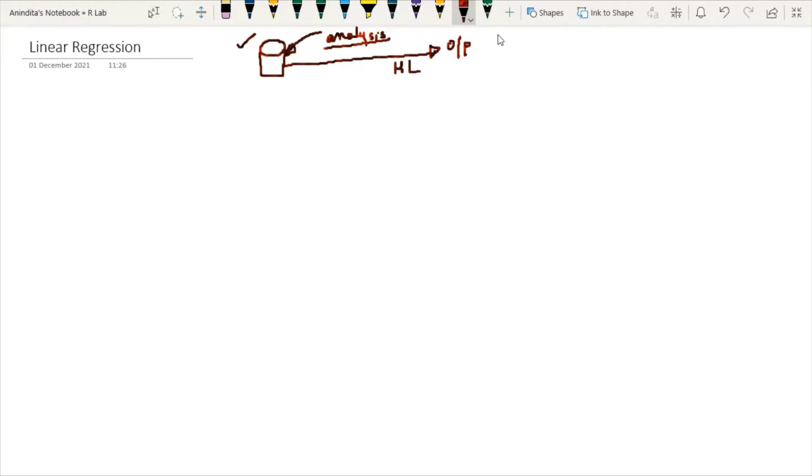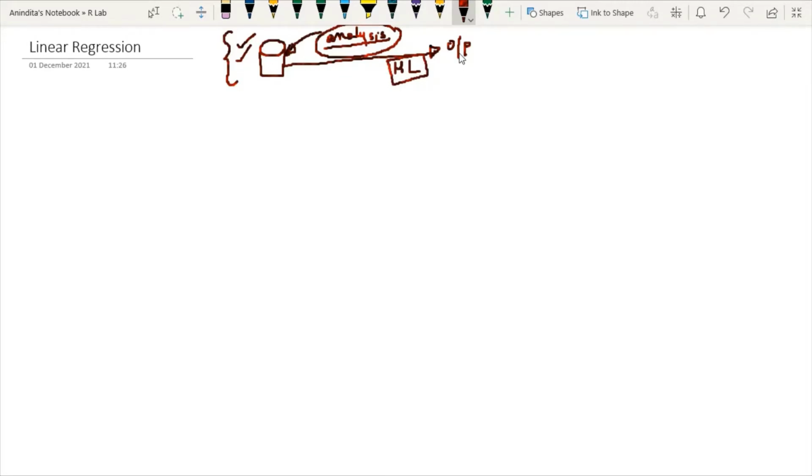Statistical analysis is all about understanding the internal behavior of the data. And once it is understood, only then can we use some machine learning algorithm in order to predict or classify.